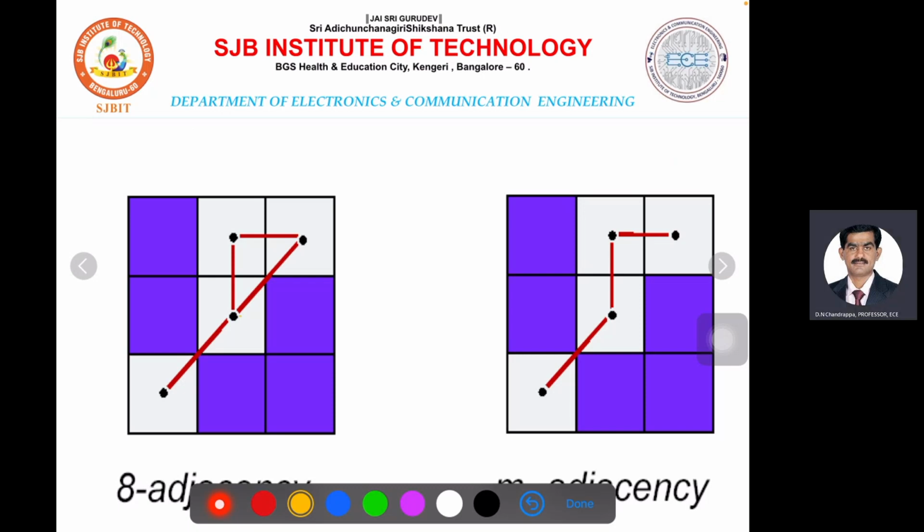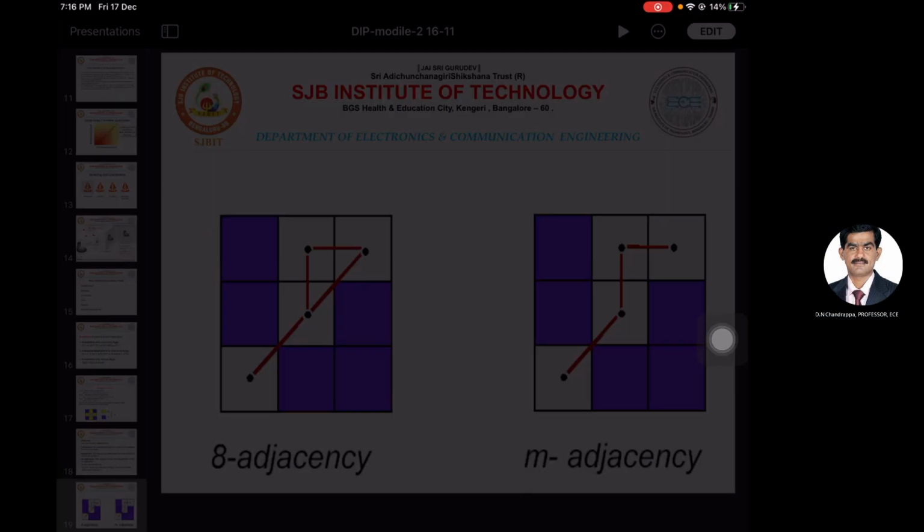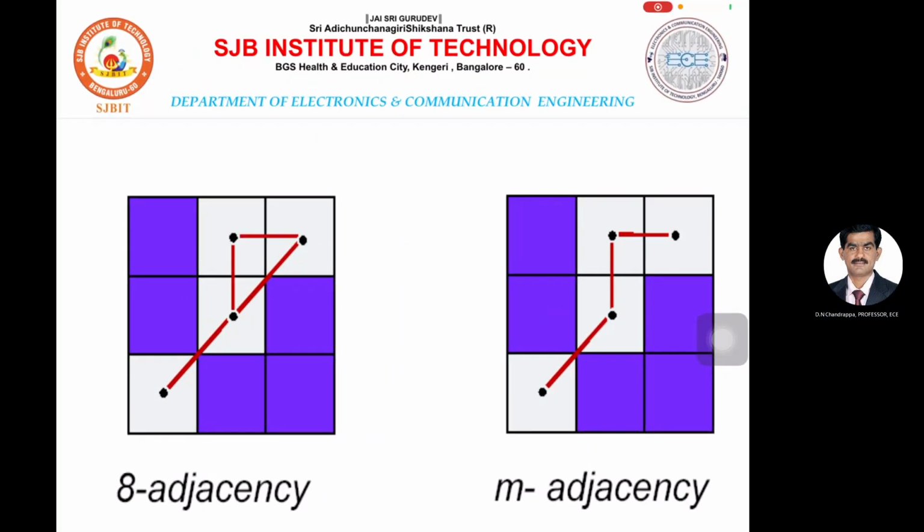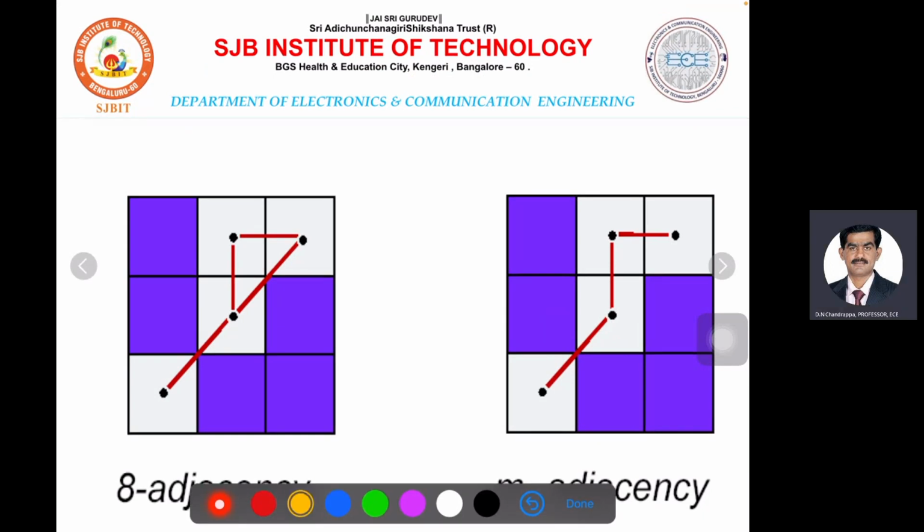So this is what is considered the center pixel, like this, ND. Then N4. So here we'll consider the same thing.